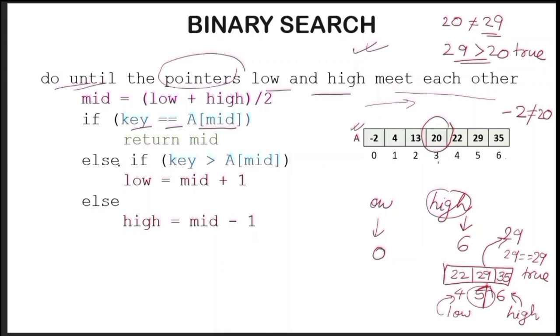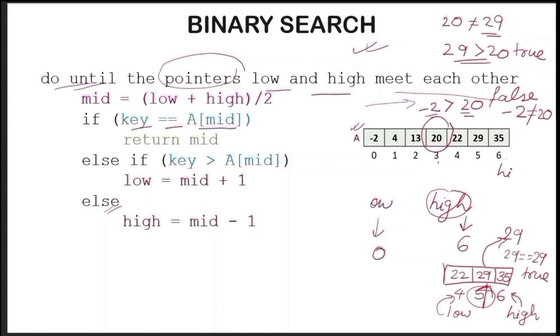So in that case, we will check the else condition: if key is greater than A of mid, that is, is -2 greater than 20? No, it is false. So it will enter the next part of the loop, that is else.